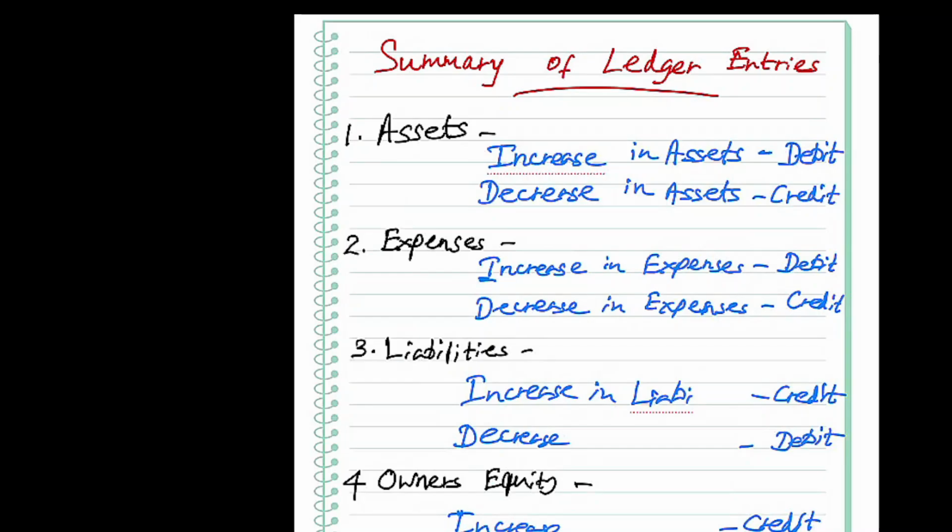Now see, assets and expenses are what? Similar direction. Why? See, increase in assets debit, increase in expenses also debit. Decrease credit, decrease credit. Wonderful. Then the other set, as you said, liability, owner's equity, another group. See, two groups.